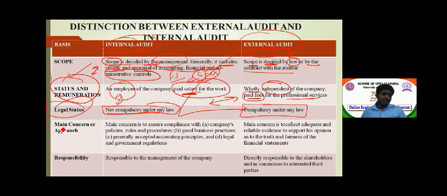Talking about the main concern or approach, the main concern in the internal audit is to ensure compliance with the company's policies, rules and procedures, good business practices, generally accepted accounting principles, and that legal and government regulations are complied with. And that's why we are involved in this internal audit system.